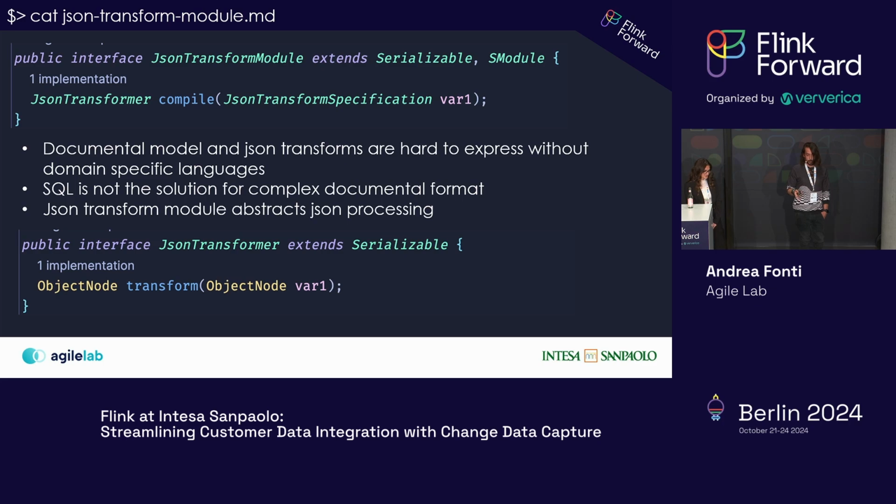And there are multiple implementations of this module, since we can use JSLT as a transformation language, or Jolt. We can use Jolt since Jolt is integrated into NiFi, and so we can migrate NiFi workloads by just reusing the Jolt specs that are already used on NiFi. But for new use cases, we prefer JSLT since it's more powerful.